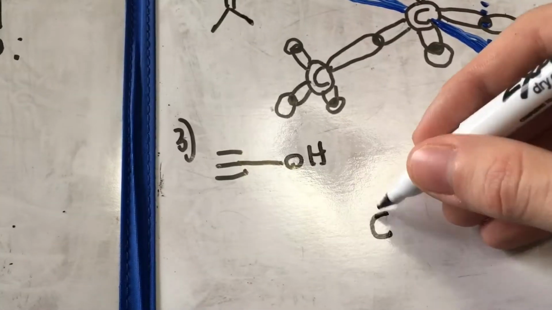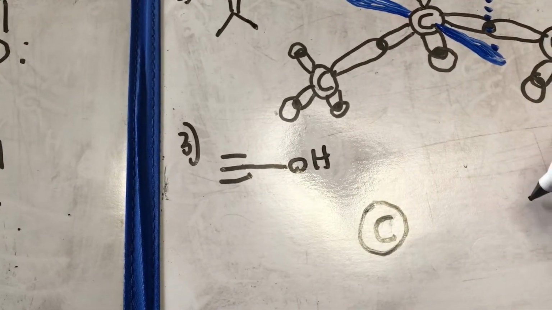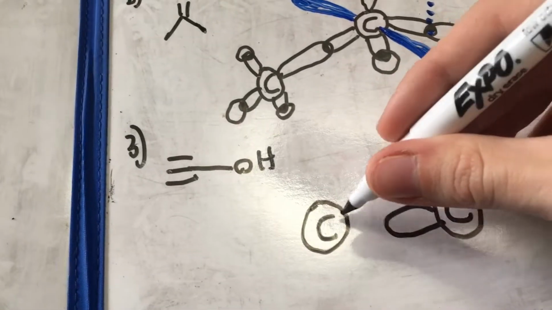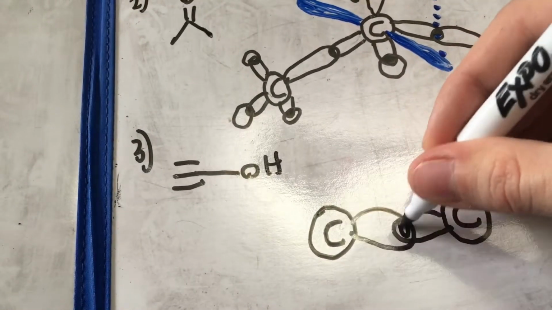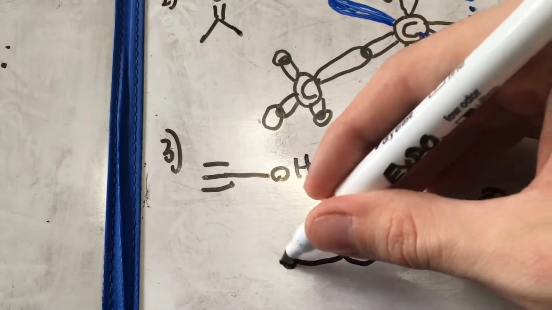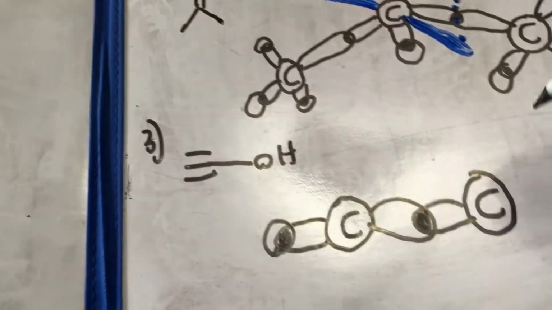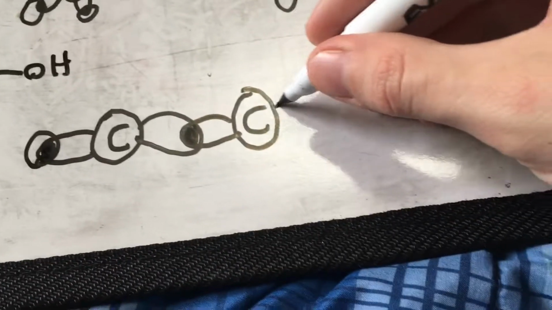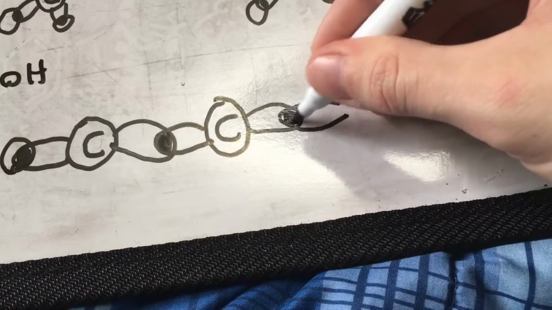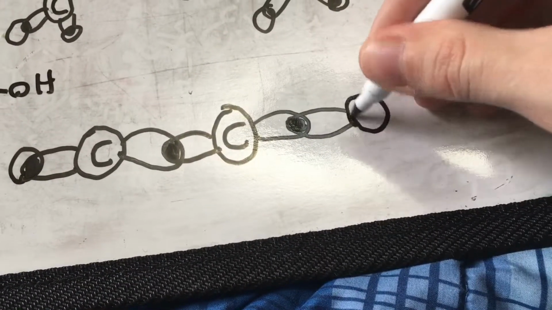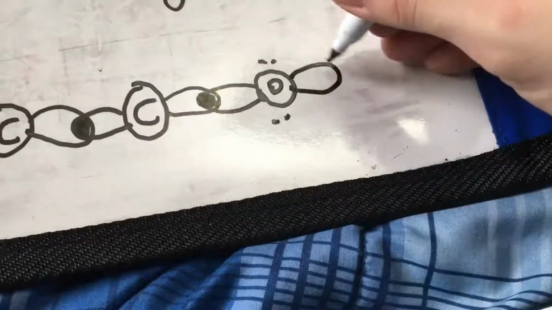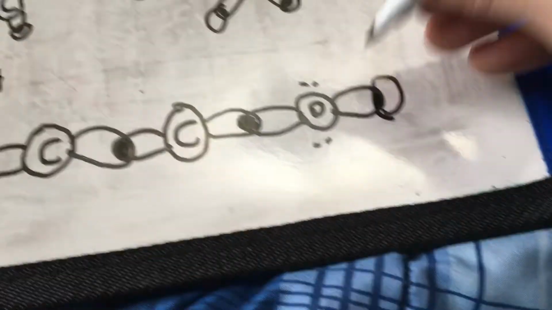We have our carbon and we have our other carbon. And this one is bonded to hydrogen. This one is single bonded to an oxygen that has a hydrogen.